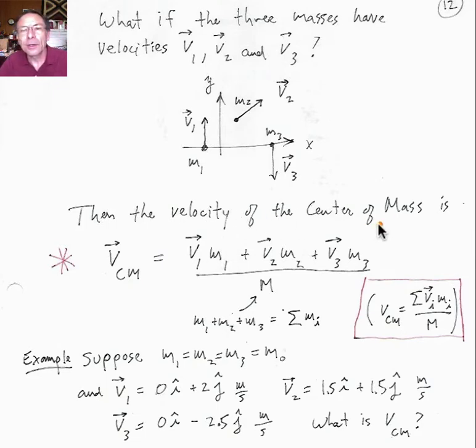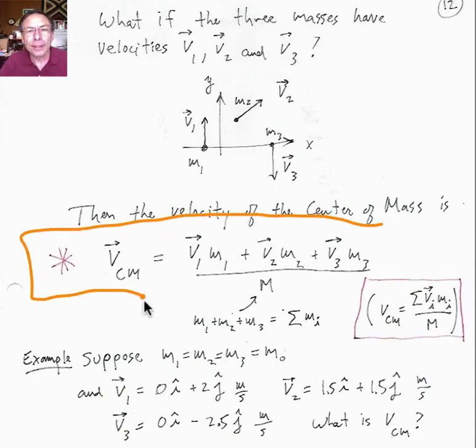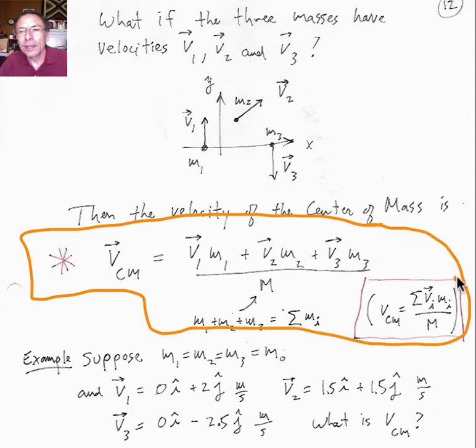Here is the formula right here. You want to know this formula. Over here is the mathematical shorthand version of that. In words, the velocity of the center of mass is the velocity of particle 1 times its mass, plus the velocity of particle 2 times its mass, plus the velocity of particle 3 times its mass, all divided by the overall mass.